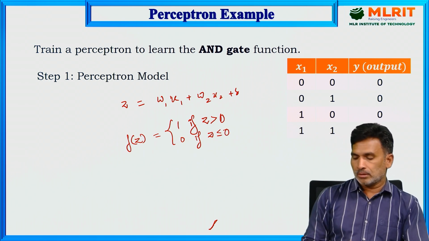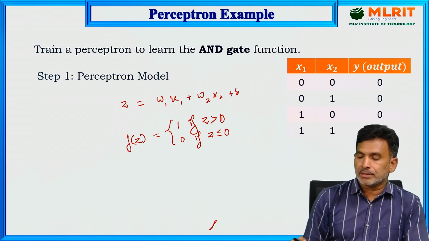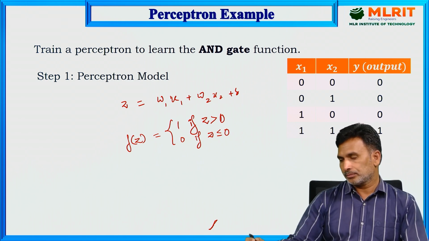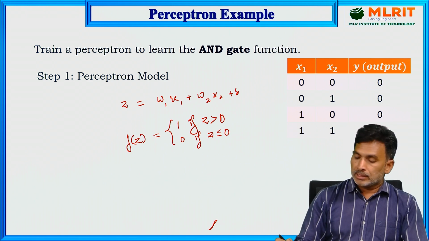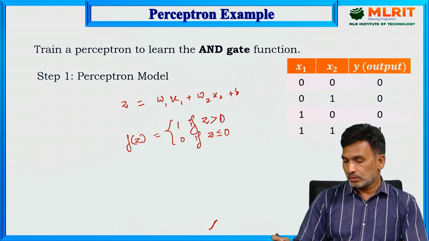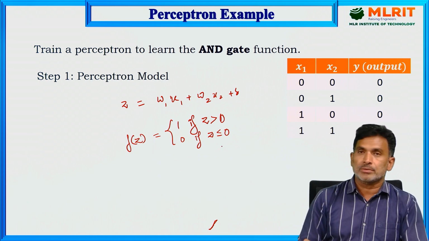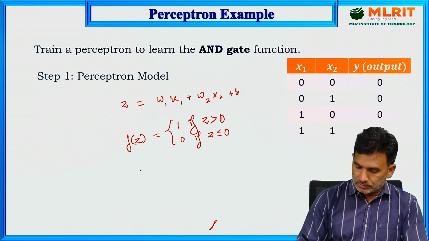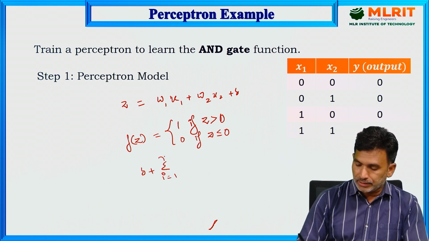Because of the AND gate output, if G is greater than 0 then it has to produce 1, and if it is less than or equal to 0, then it has to produce 0. G is the bias plus the weighted sum, sigma i equals 1 to n of wi xi.